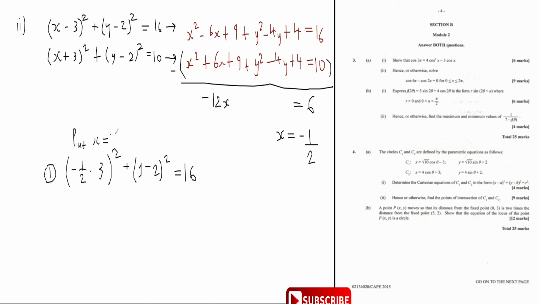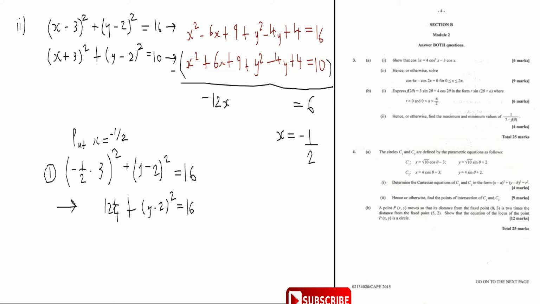As we can see, the equation simplifies to minus a half minus 3, all squared, plus y minus 2, all squared, equal to 16. The first part works out to be 12 and a quarter.